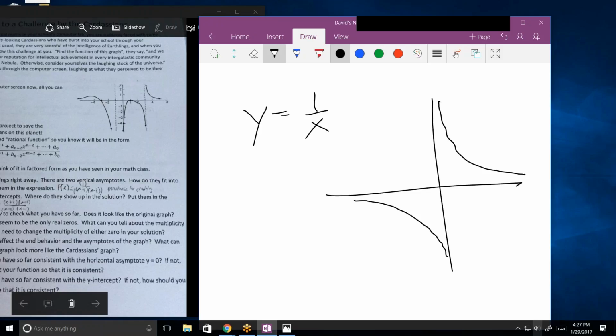Well, the hyperbolas you study with conic sections look like this, or they look like this. Well, this one is rotated 45 degrees, but it is the simplest of all hyperbolas. And these can take many appearances. If you have two asymptotes, then they tend to look like this, exactly like the function we're looking at.